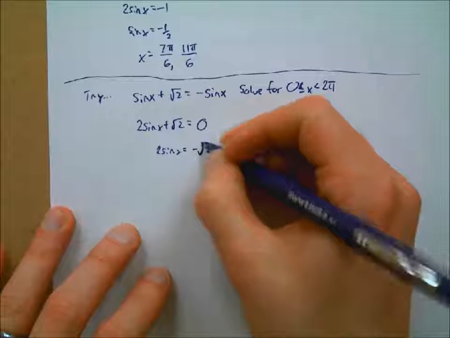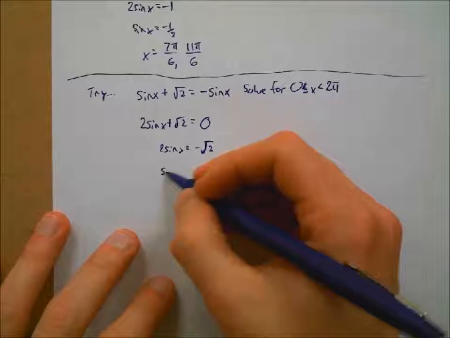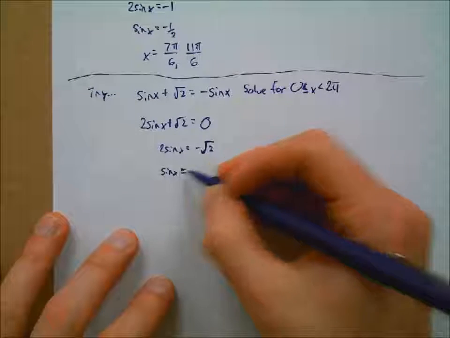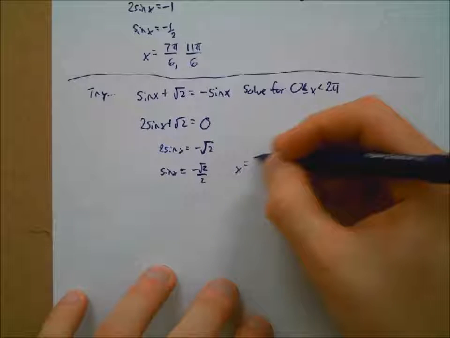Okay? And then divide by 2. You got it. Okay? Exactly right. All right, now we have to figure out when does sine of x equal negative root 2 over 2. So yes, Alyssa? Is it 5 pi over 4 and 7 pi over 4? Yes, it is. It is 5 pi over 4 and 7 pi over 4.